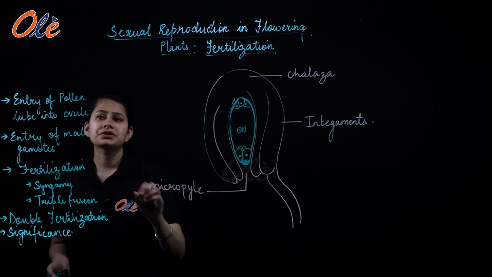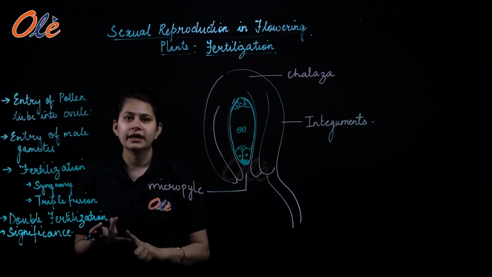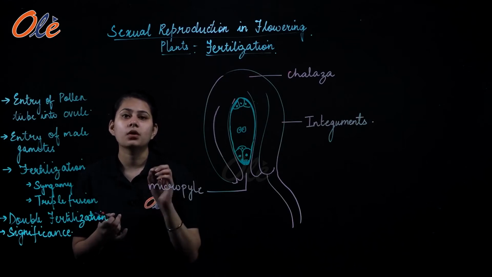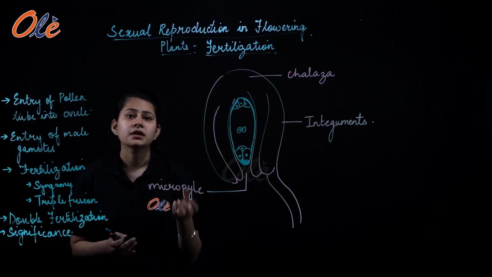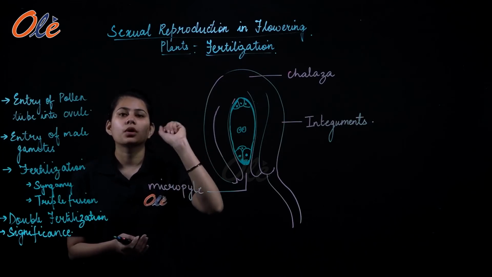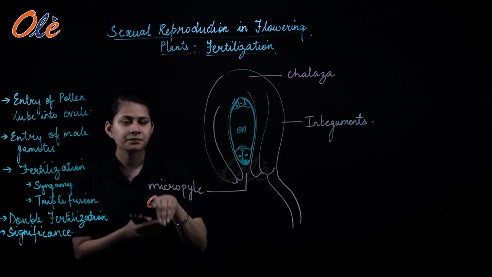Now we are going to study how the pollen tube enters. Now see, you had studied in the previous lecture that the interaction between pollen and pistil is through chemicals, right? So the chemicals are going to guide the entry of the pollen tube through the style, right?